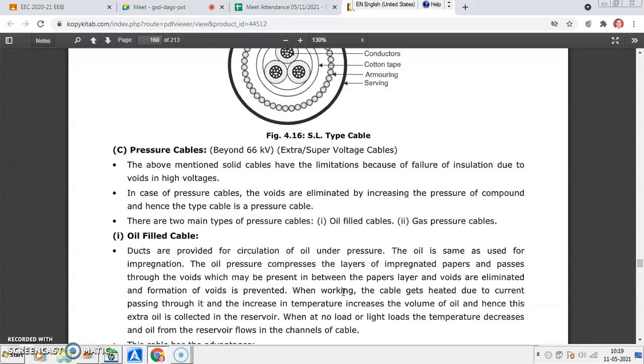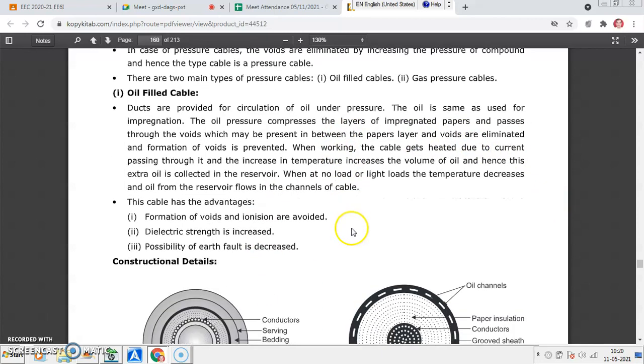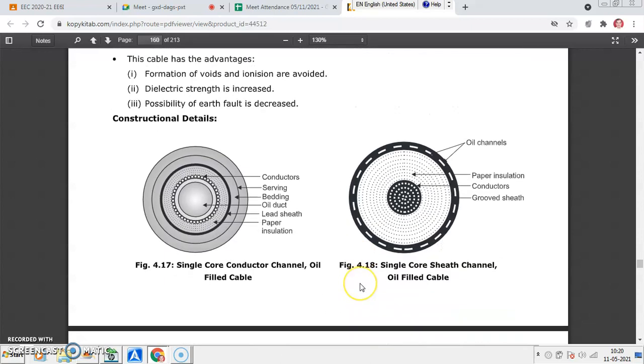Insulating gas is sulfur hexafluoride and the oil is insulating oil. So you may have oil pressure cables or gas pressure cables, used for high voltage. These cables are filled with either oil or dielectric gas; dielectric strength is increased and the possibility of earth fault is decreased.